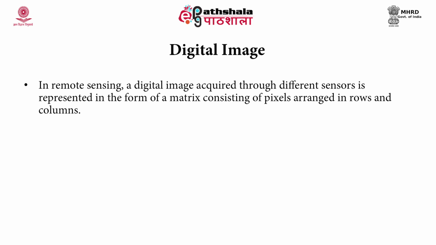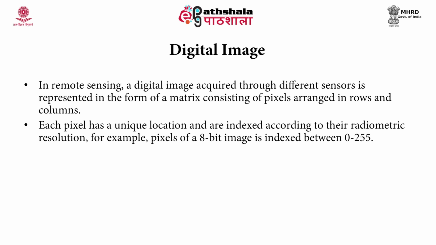Now coming to the digital image, in remote sensing, a digital image acquired through different sensors is represented in the form of a matrix consisting of pixels arranged in rows and columns. Each pixel has a unique location and is indexed according to its radiometric resolution.